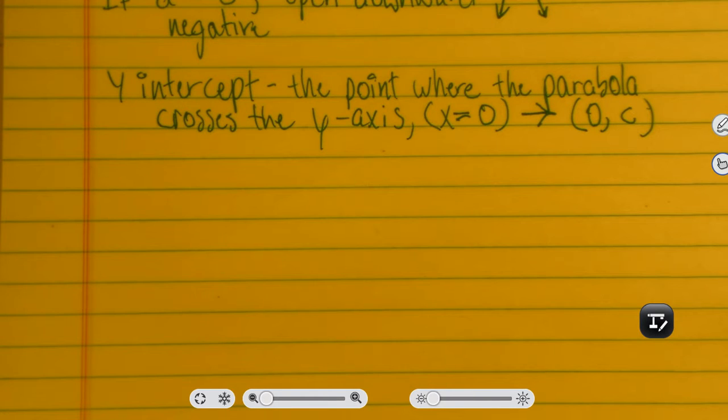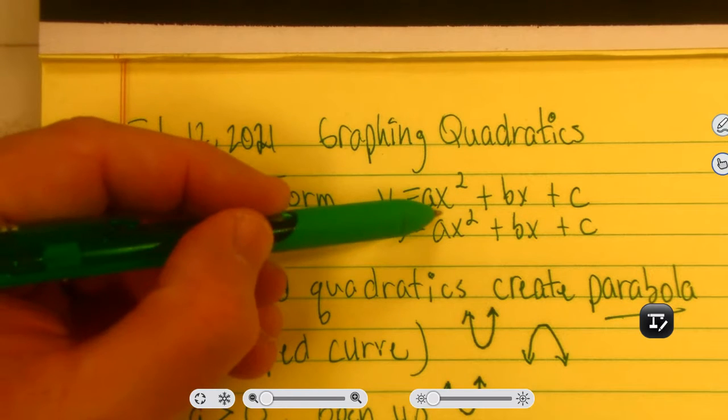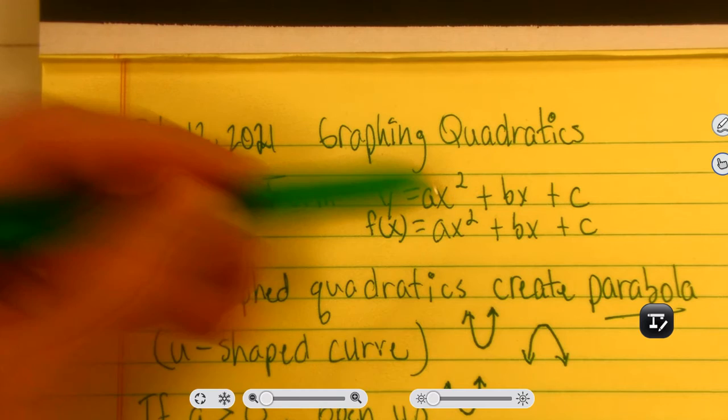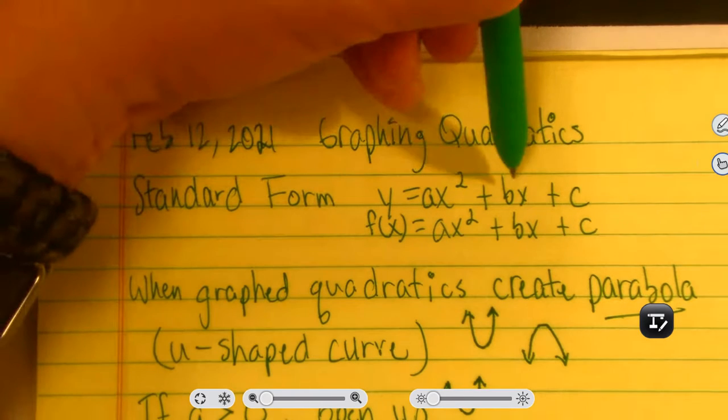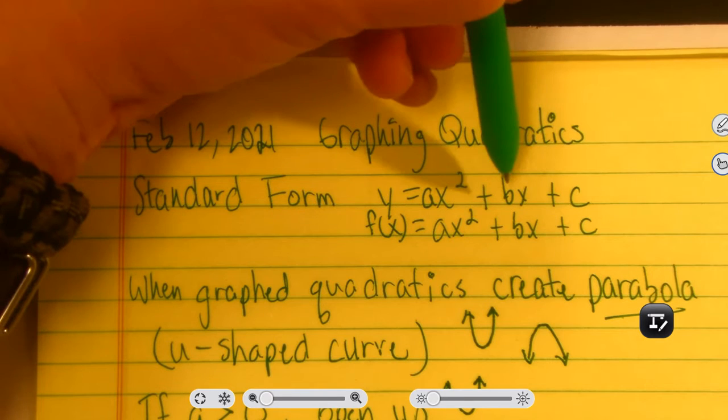It kind of makes sense if you think about it just for a moment, okay? If x is 0, in other words, there's no way it can cross that y-axis unless x is 0. If x is 0, when I put a 0 in for x, 0 squared is 0, 0 times a is still 0. It makes all that first term be 0, and it makes this second term be 0 too, because when I multiply 0 times b, I'm still going to get 0.